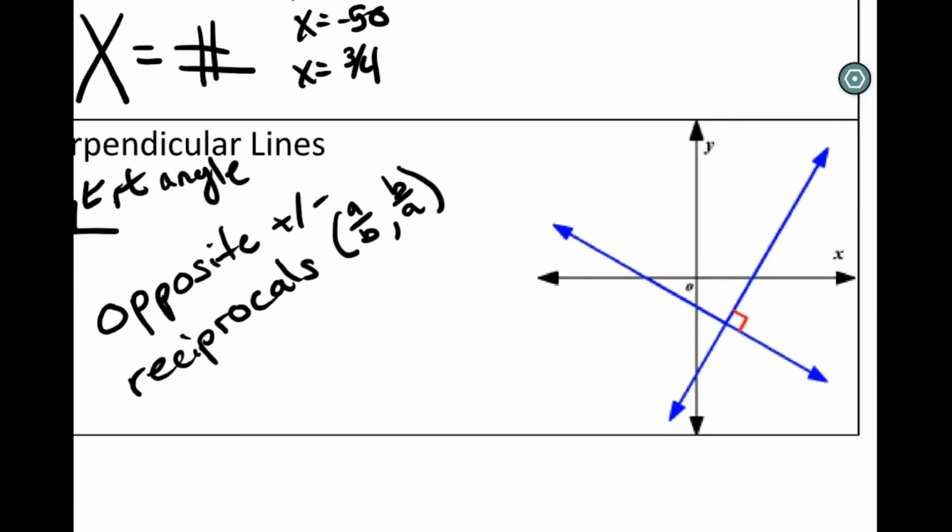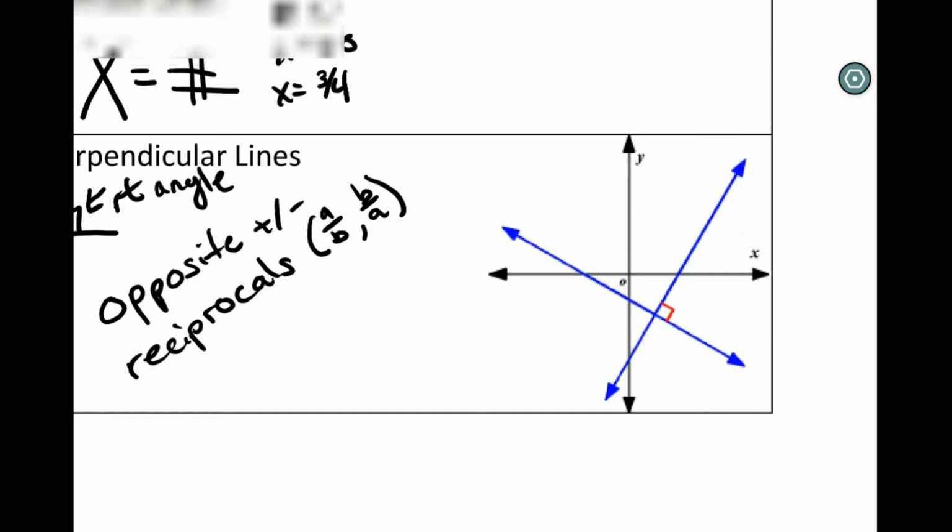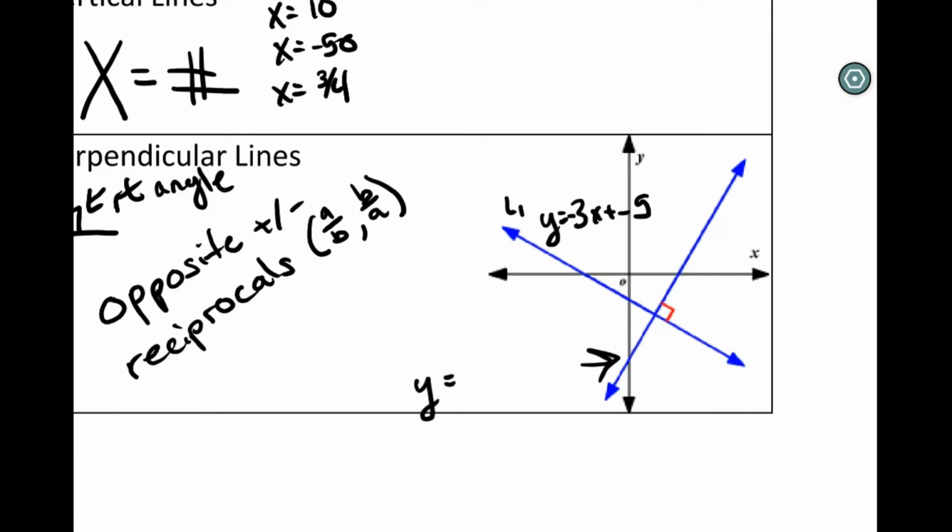Example. Let's say that line 1 has the equation y equals negative 3x plus negative 5, no big deal. And this one would have to be y equals 1/3 x, and it can even be minus 6.